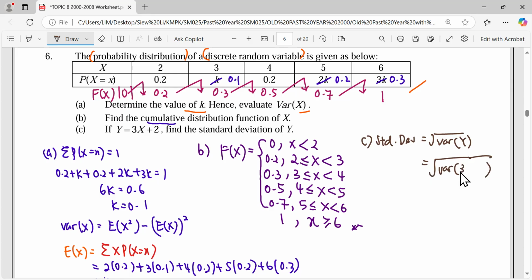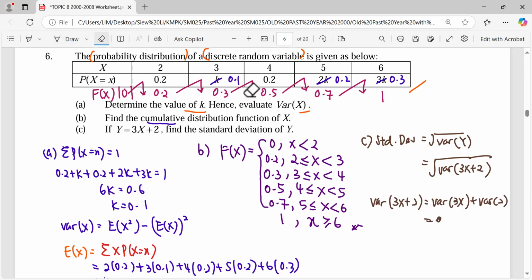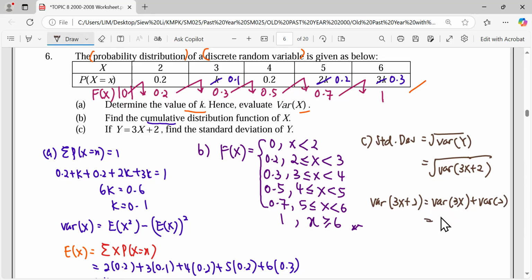Y is equal to 3X plus 2. So we find the variance, then we square root it. We use the properties of variance. It will be the variance of 3X plus the variance of 2. The coefficient, when we factorize it out of the variance, becomes squared. So variance is always in square form, and the standard deviation is the square root. So here it will be 3 squared times the variance of X. The variance of a constant is 0.